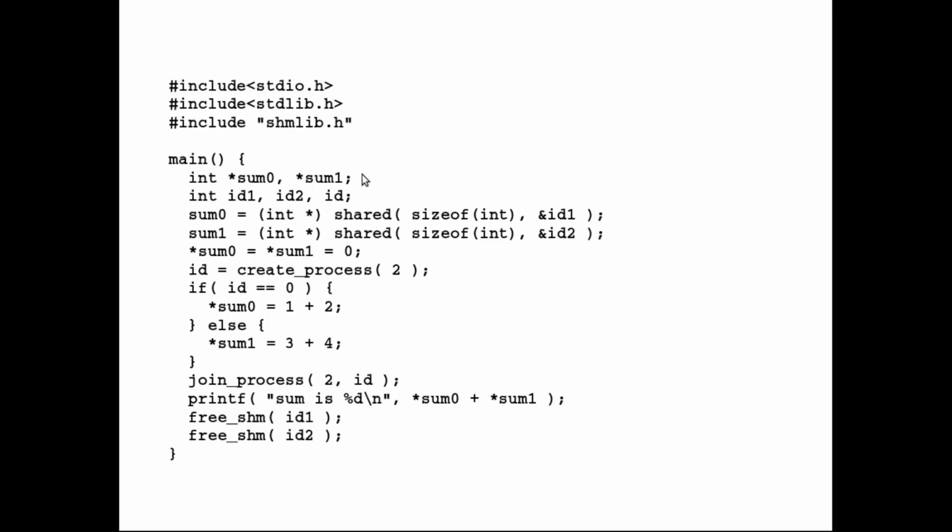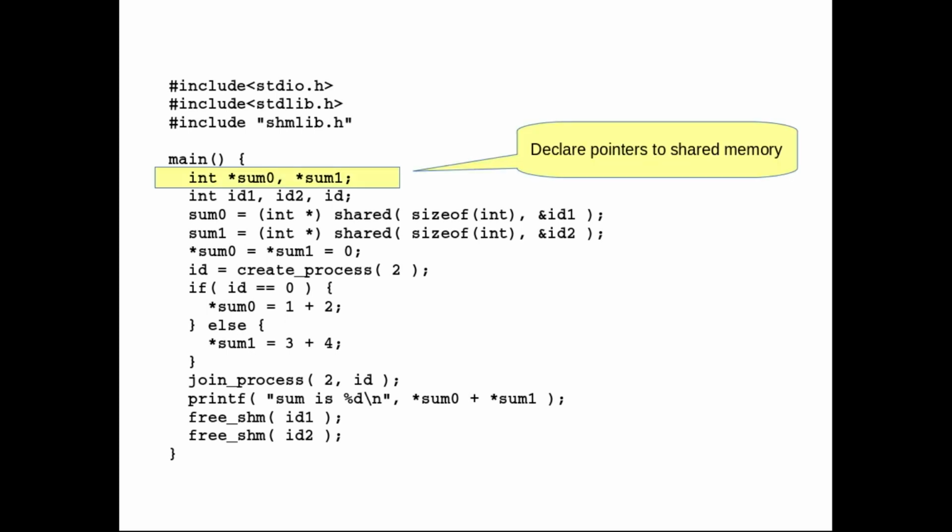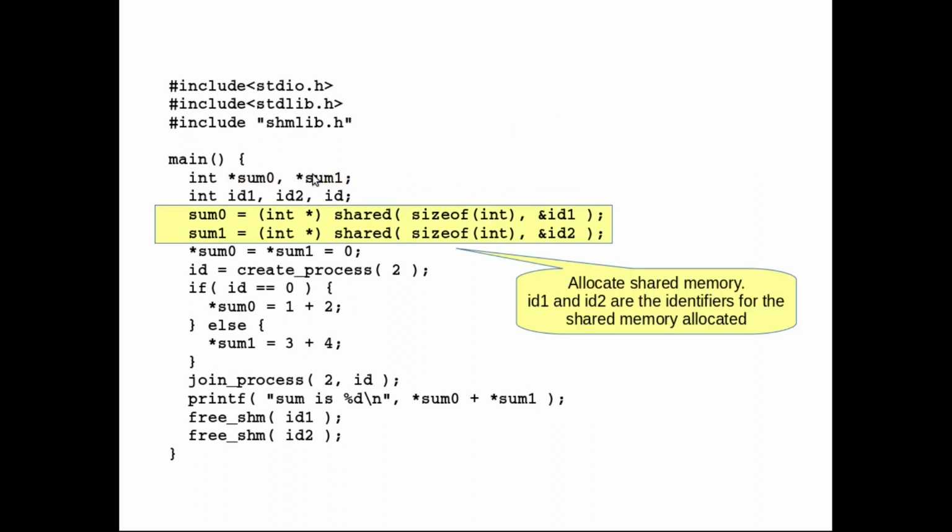And now the program looks something like this. So in this program we first declare pointers to shared memory. So we have two different pointers, sum 0 and sum 1, and then we allocate the shared memory here, and id1 and id2 are the identifiers for the two shared memory segments allocated. So this is how we allocate the shared memory.